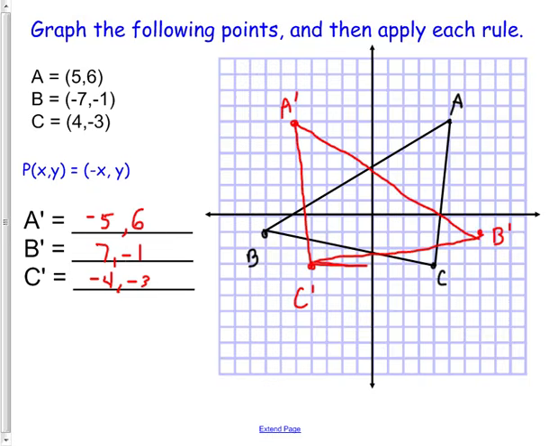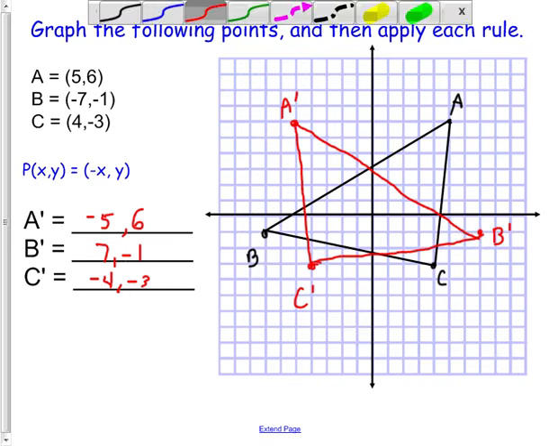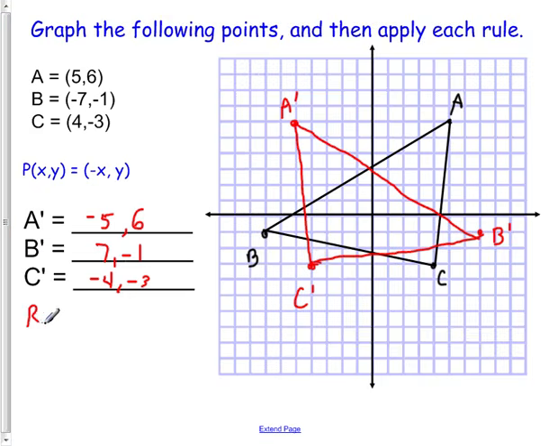All right, so the question is, which type of transformation is this? So it's not a translation. It didn't just slide from one way to the other. It didn't go up and down or left and right. It actually flipped over this line. So the A flips over here, the B flips over there, and the C flips over there. So this is a reflection. And once we figure out what it is, we've got to say, where did it reflect over?